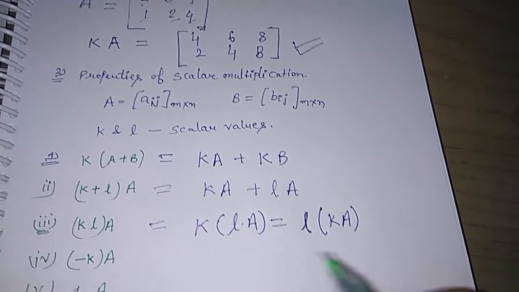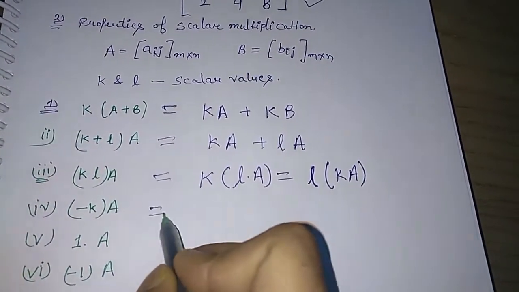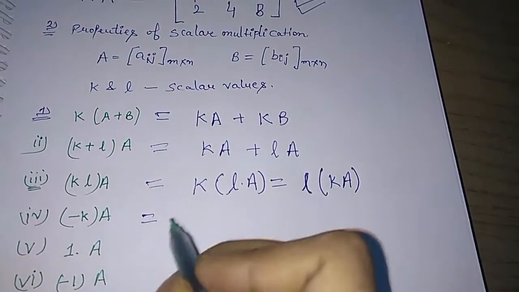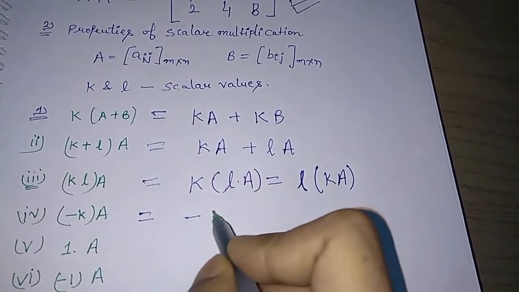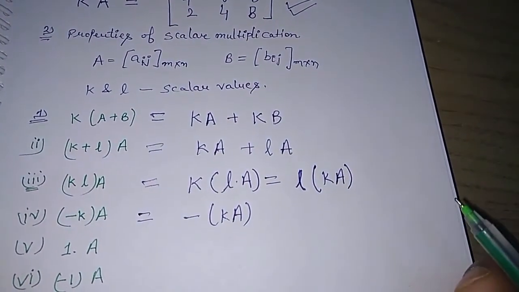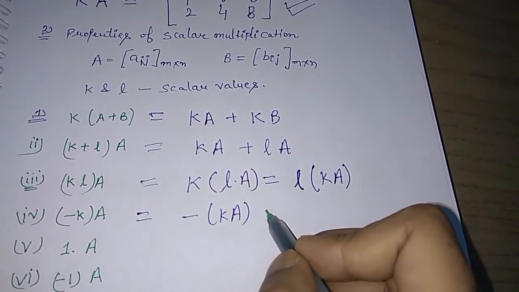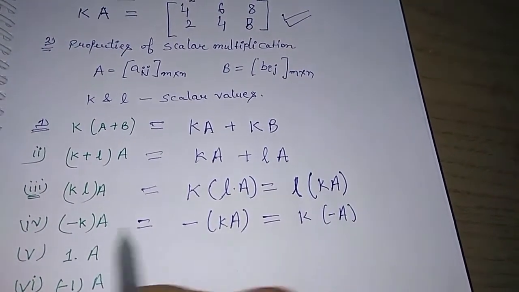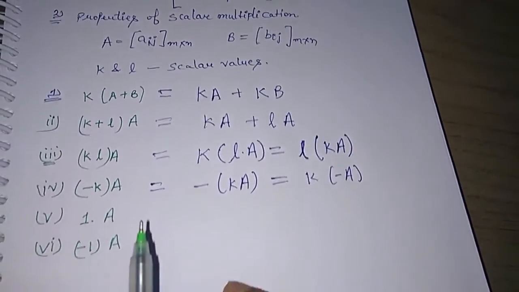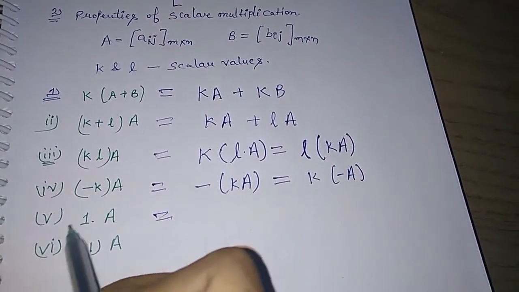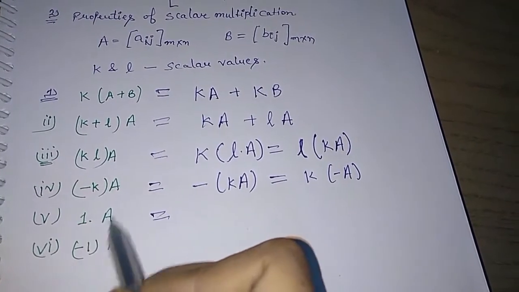Let's go further. We have minus of K into A. It can simply be written as minus of KA, or we can say K of minus A. In all three cases, the results will be the same. Next we have 1 into A. 1 is the scalar value and A is the matrix.